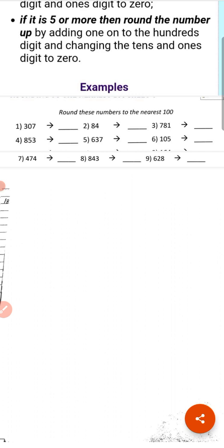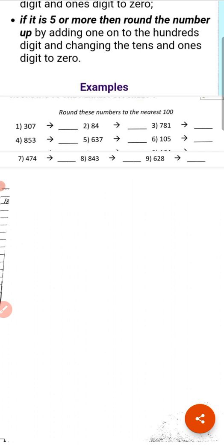Don't change the digit at the hundreds place. If the tens digit is 5 or greater than 5, that is 5, 6, 7, 8, 9, then add 1 to the hundreds digit. Then replace the tens and ones digit with 0.